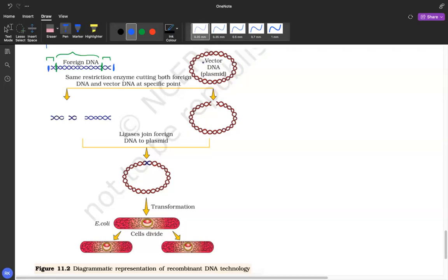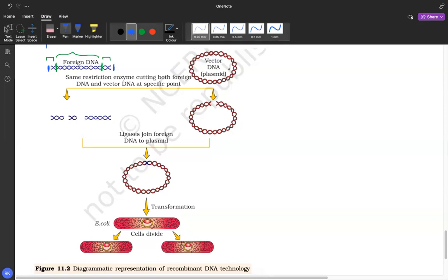And that's why nowadays we design our vector plasmids, and we can put as many sequences that are recognized by different restriction endonucleases as we can. So it is like a fully formed package for you. You buy it from biotech companies, and then you decide which endonuclease you want to cut it with. It will have 5 or 6 multiple sites where different endonucleases can cut.